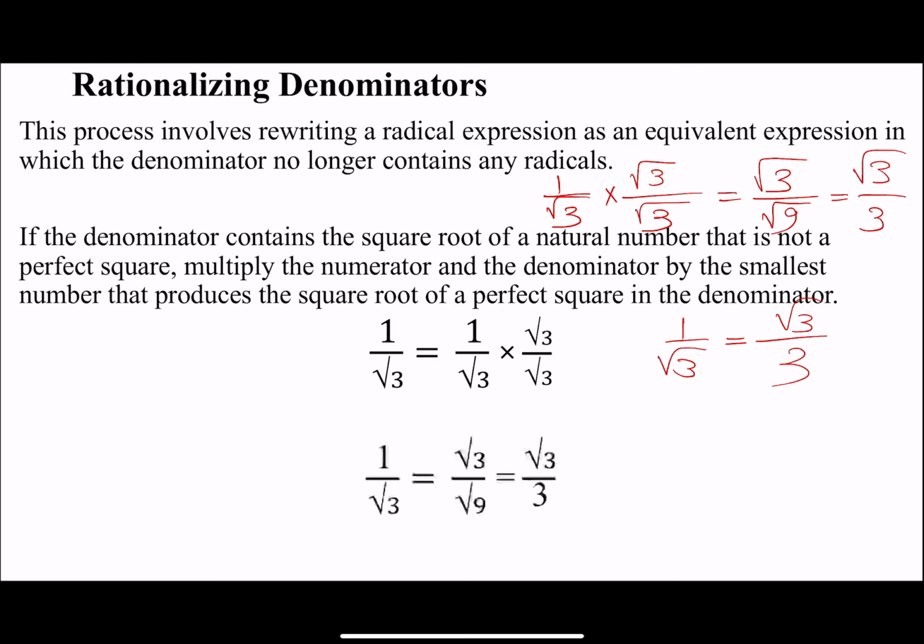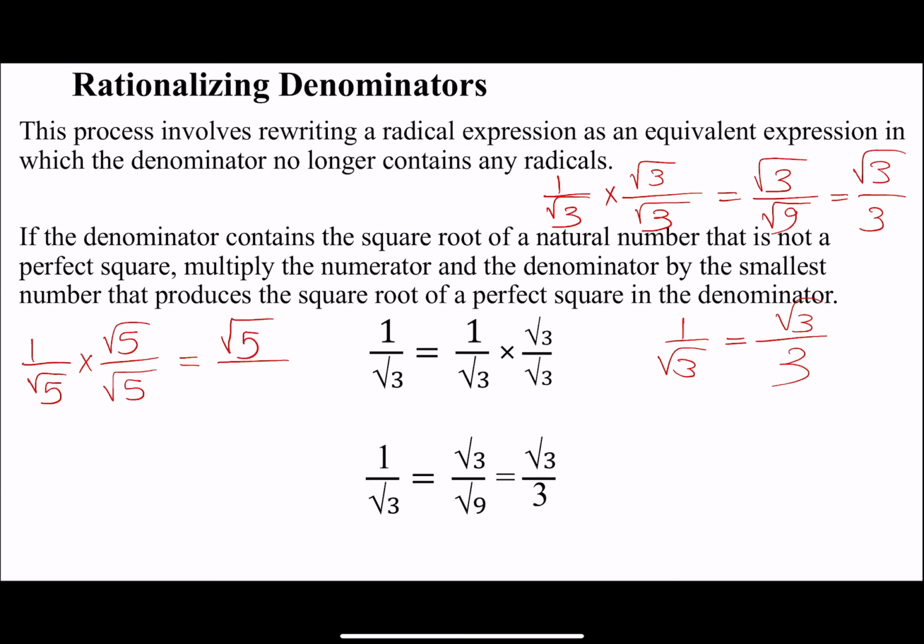Or for example, you have 1 over the square root of 5. You want to get rid of the square root in the denominator, so you multiply both numerator and denominator by the square root of 5. In the numerator, 1 times the square root of 5 is the square root of 5.